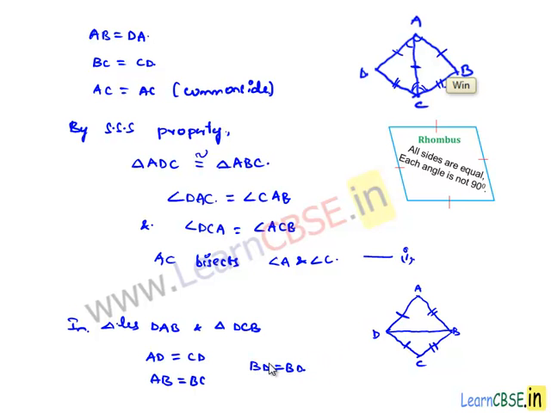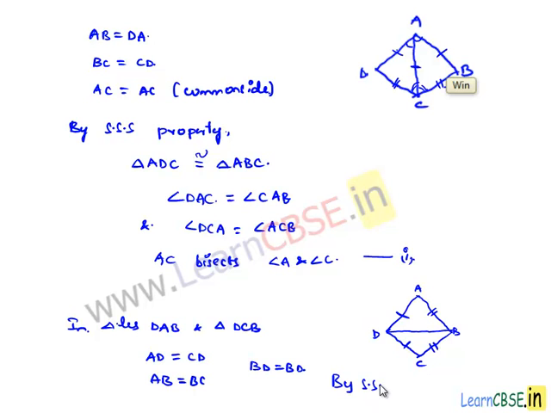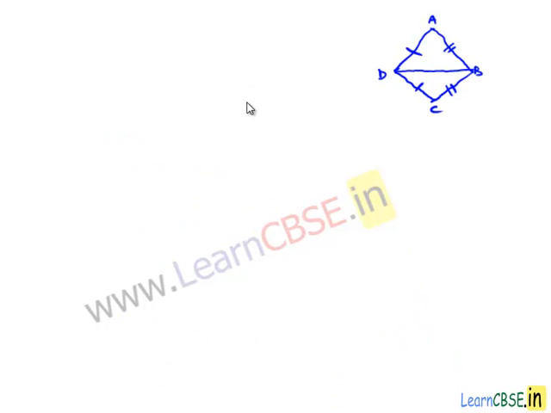So here, as three corresponding sides in both the triangles are equal, by SSS property we can say triangle DAB is congruent to triangle DCB. We know when two triangles are congruent, then their corresponding angles and corresponding sides can be equated.